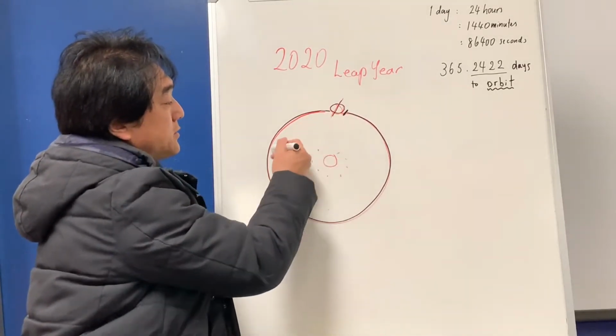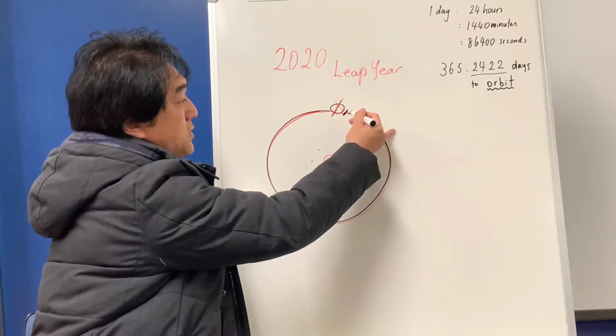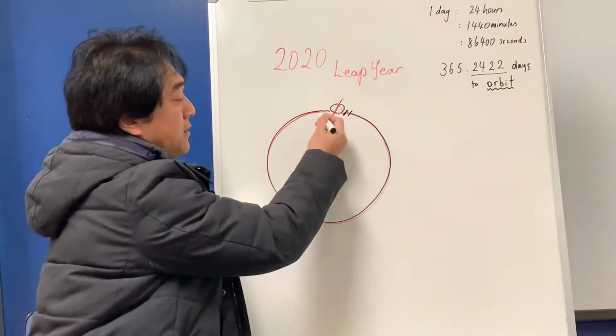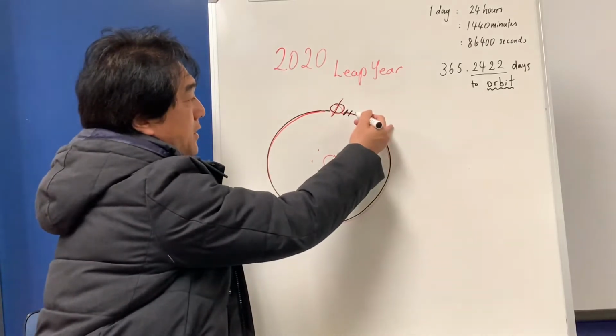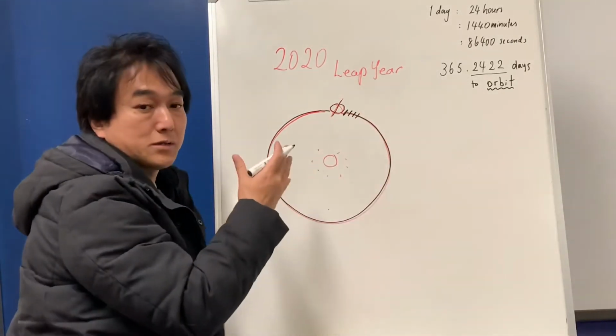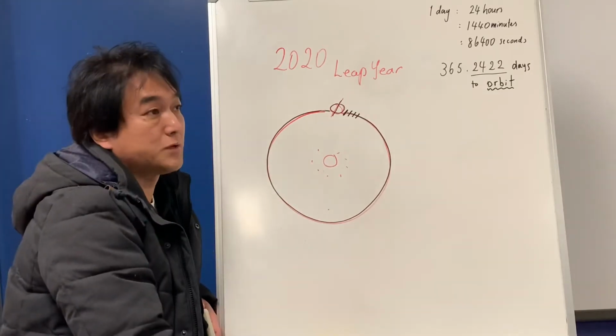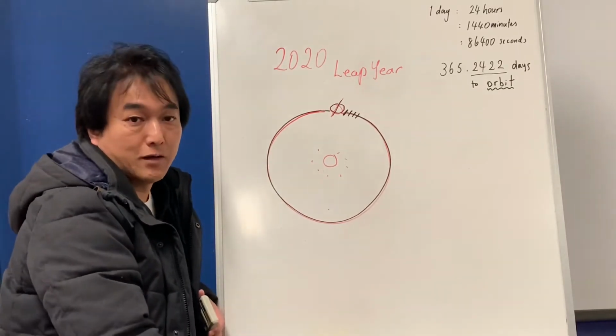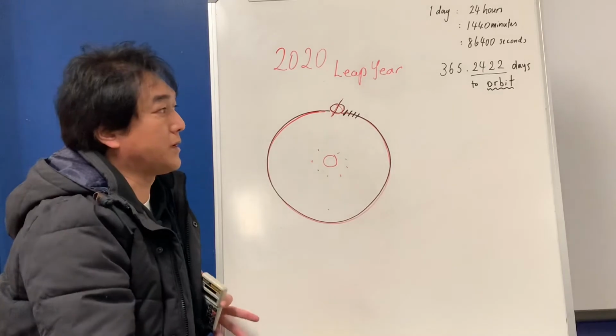Another year passes and it goes slightly behind, and slightly behind again, and slightly behind again. If we keep doing this, maybe spring suddenly becomes winter, and all the seasons will be all crazy.